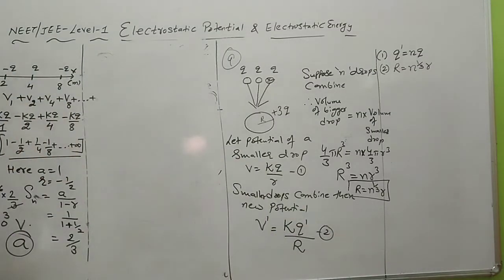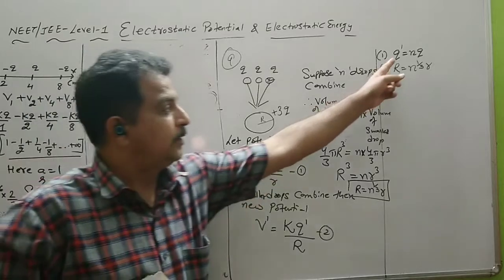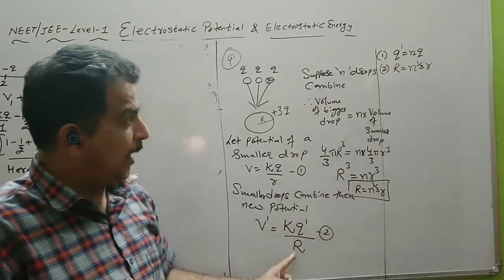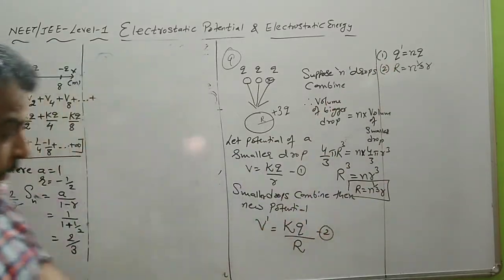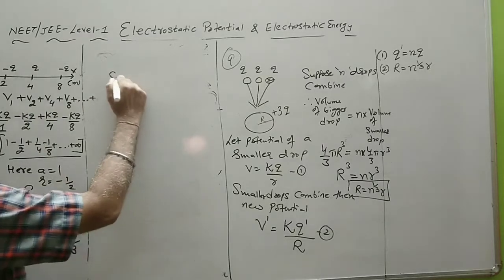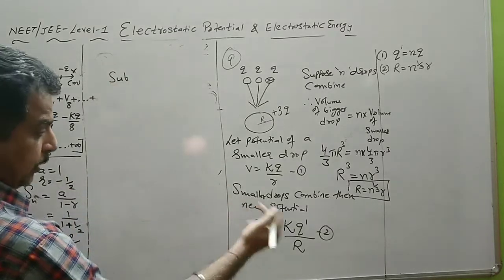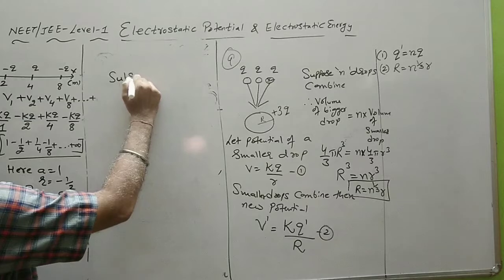So now we will substitute this Q dash and R in this formula. So we are finding for n droplets.